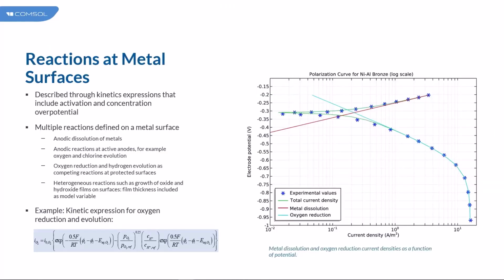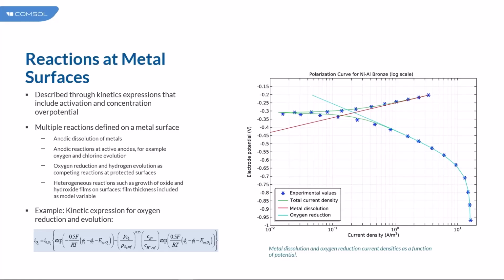At the boundaries, we have boundary conditions for the electrochemical processes described through kinetics expressions or polarization curves. One can have multiple reactions describing anodic and cathodic behavior at each boundary, and COMSOL will then solve for the mixed potential. Growth of films and dissolution of metals can also be included as model variables.